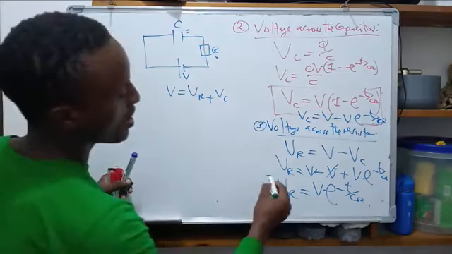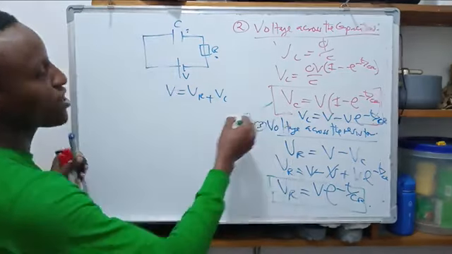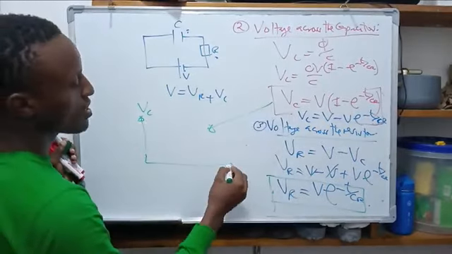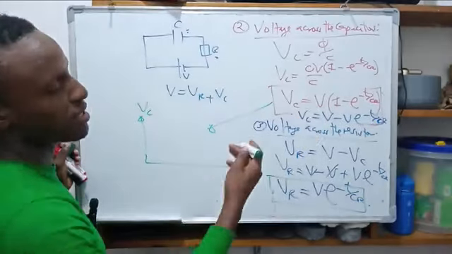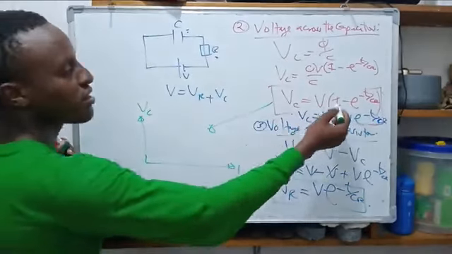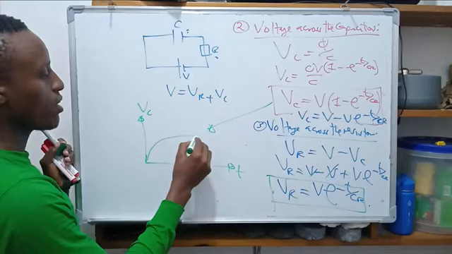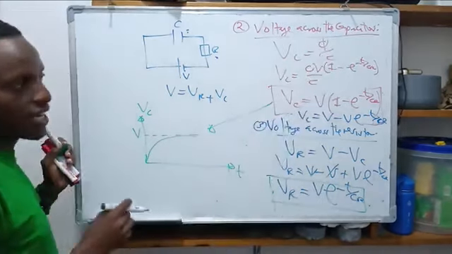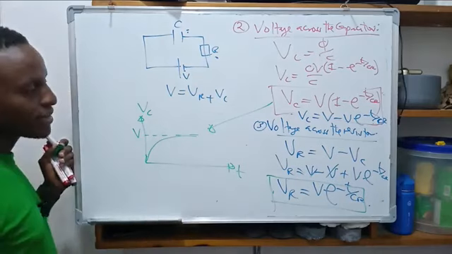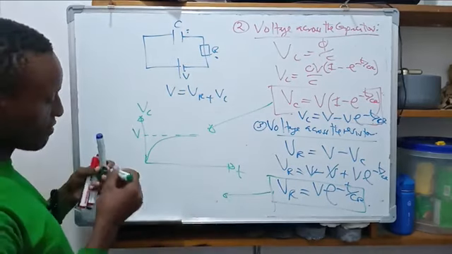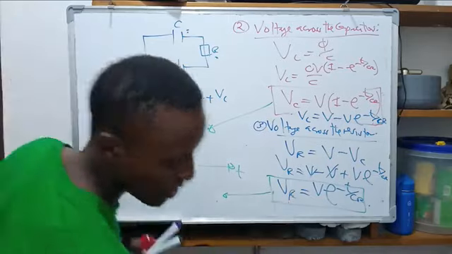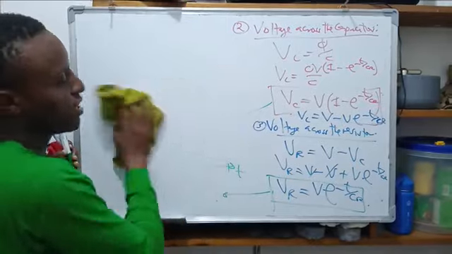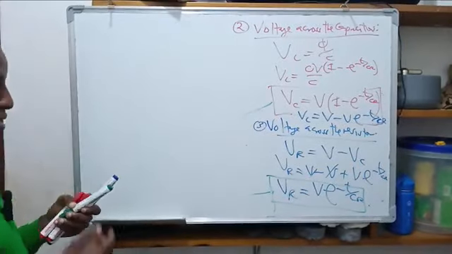How about its nature? The graph for this one you can draw according to its nature. The VC with time: how about the voltage across the capacitor? I told you about this. It goes around and approaches the maximum V. Now let's draw the nature for VR, the voltage across the resistor.